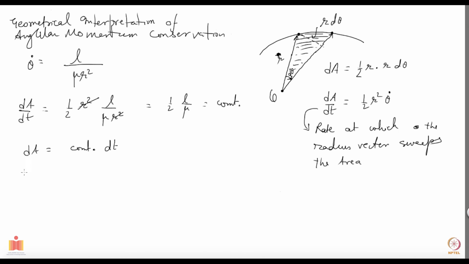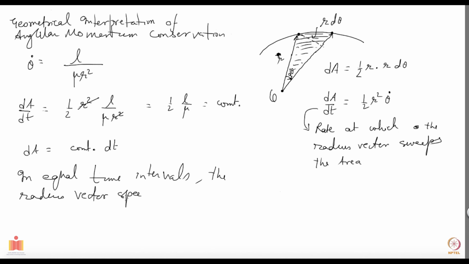Okay, so in equal time intervals, the radius vector sweeps equal areas. Okay, that's nice. We have determined this, which is the famous Kepler's second law.